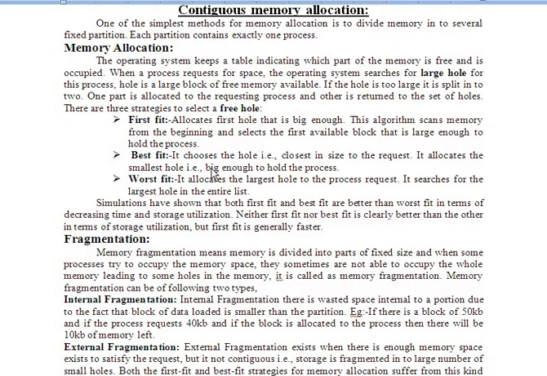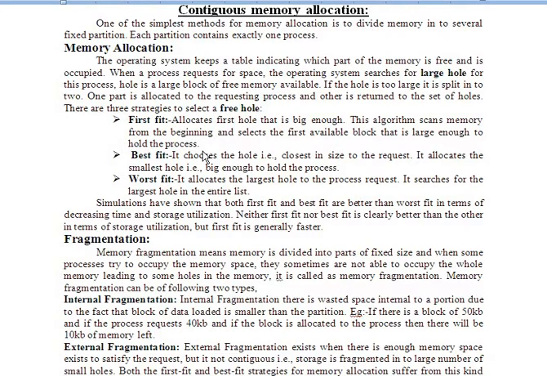This is one. The next one is best fit. As the name says, best fit means the partition which is almost equal to the size of the process will be allocated to that process. Earlier, size was not a matter; the first big enough partition was allocated to the process.